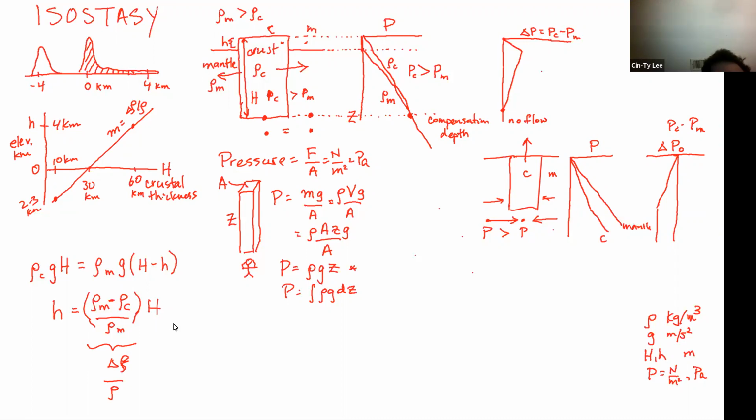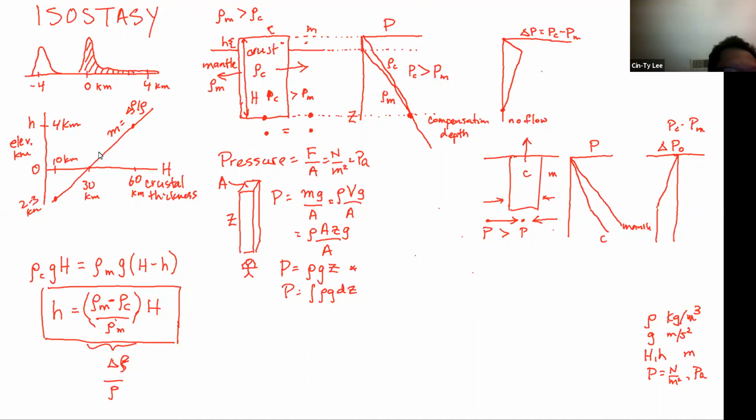Now, this equation is telling you that elevation is controlled both by the density contrast and crustal thickness. It turns out that crustal thickness is far more important based on our observations. Variations in composition between continental crust and oceanic crust, although one is basalt and one is andesitic, the density differences are not that strongly different to change this much.